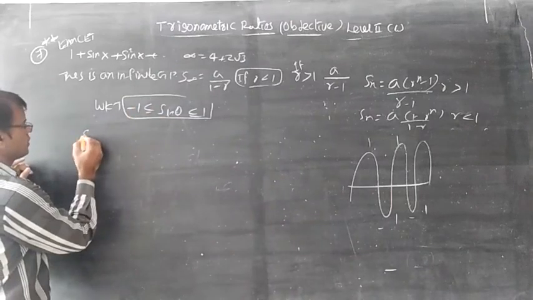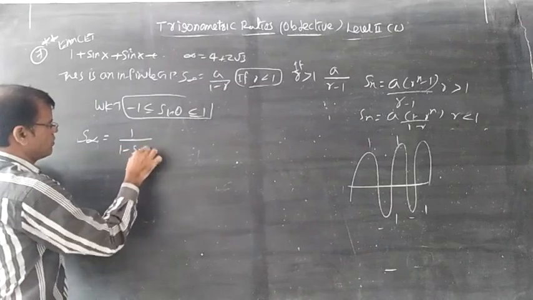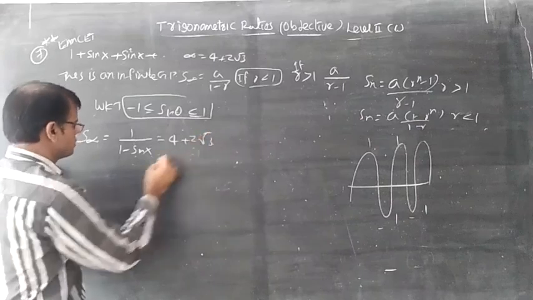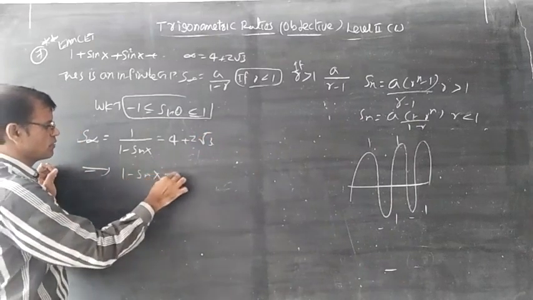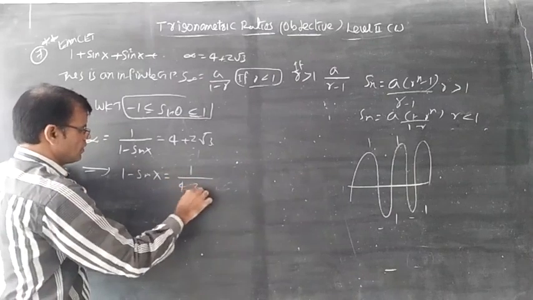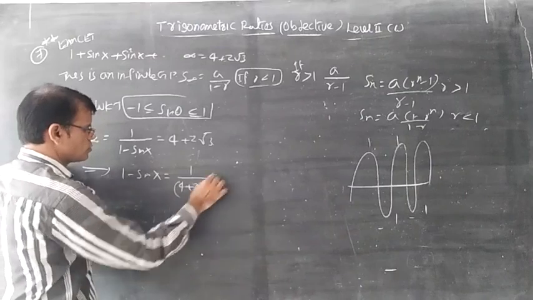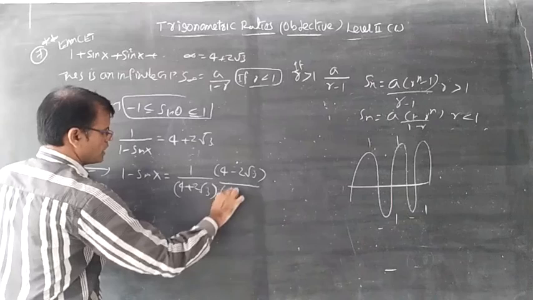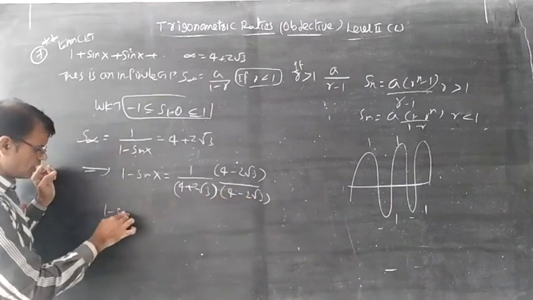Now apply reciprocal, meaning 1 by 1 minus sin x is equal to 4 plus 2 root 3, as given. That implies, the next step you can write, 1 minus sin x is equal to 1 by 4 plus 2 root 3. Rationalize this: 4 minus 2 root 3 by 4 minus 2 root 3, I am multiplying and dividing.